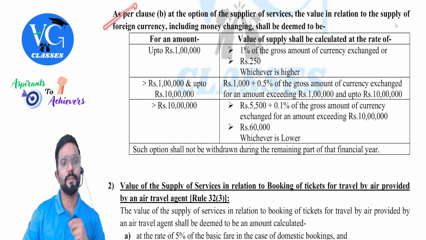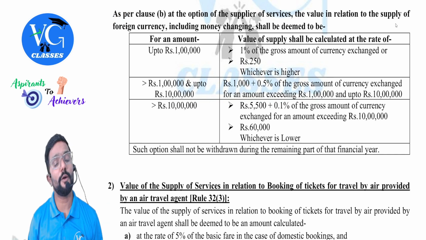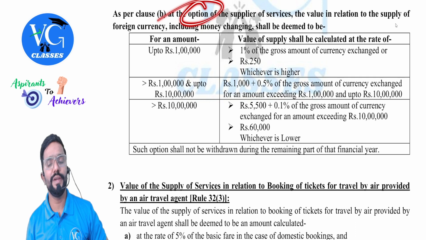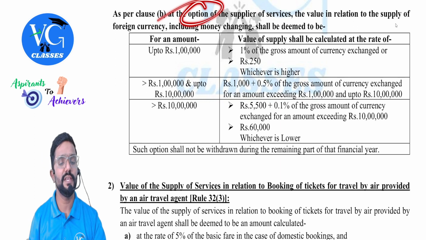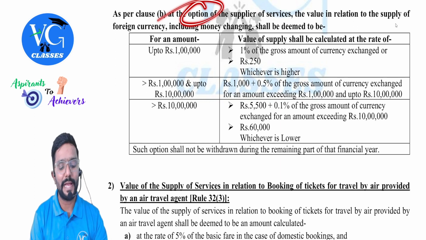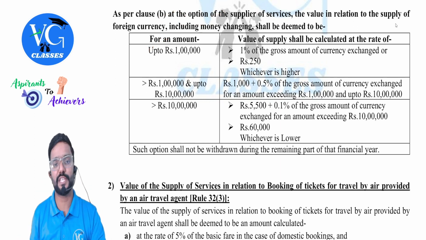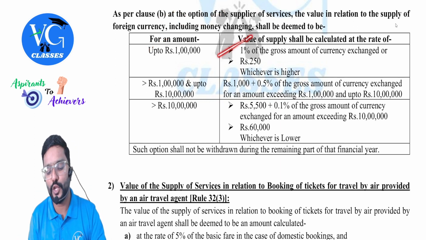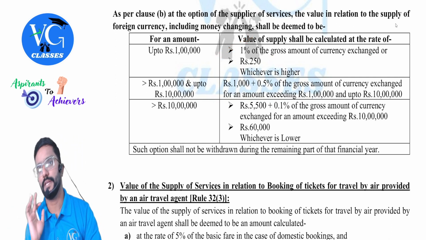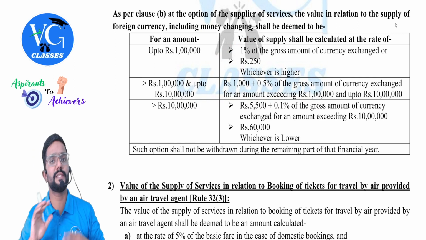What is clause B telling? As per clause B, at the option of the supplier, again it is an option, of services, the value in relation to the supply of foreign currency, including money changing, shall be deemed to be, up to 1 lakh rupees if it is exchanged, then 1% of the gross amount of currency exchange or 250, whichever is higher. For example, simple.